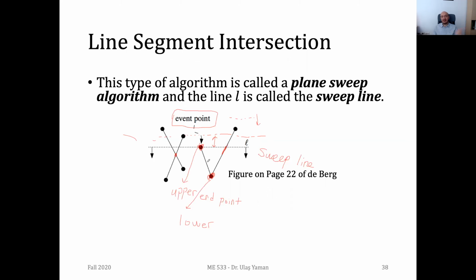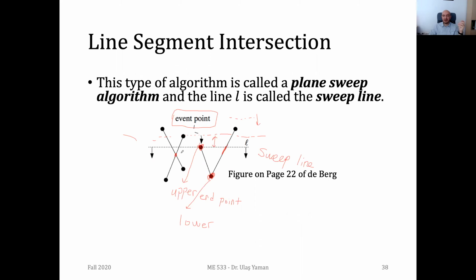In between, it's not important, and we know that between these event points, we don't have an intersection. So our main focus will be on the event points, and I said there are 3 types: upper end points, lower end points, and intersection points. Once you come across any of these, you should stop and take action according to the type of event point you have.